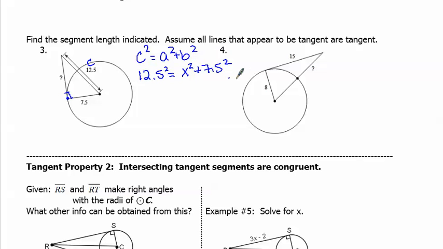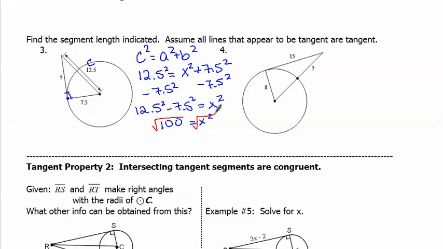Now, I could use my calculator now, but I like to do things in easier steps. So I'm going to actually subtract the 7.5 squared on both sides. So in my calculator, I'm going to put 12.5 squared minus 7.5 squared. And when I do that, I get 100 equals x squared. Now, in order for me to solve this, I have to take the square root. So when I take the square root, x equals 10. So this segment length happens to be 10.